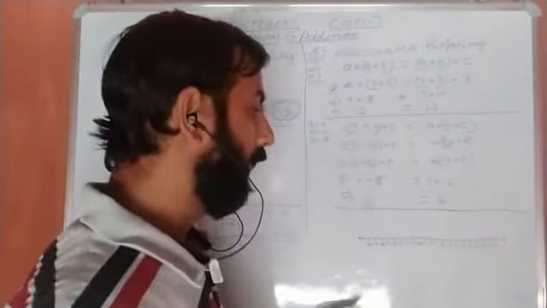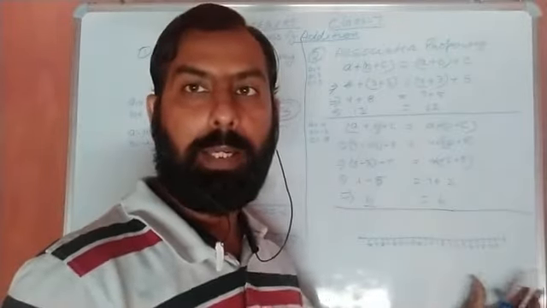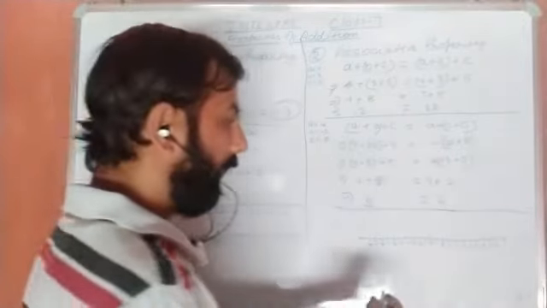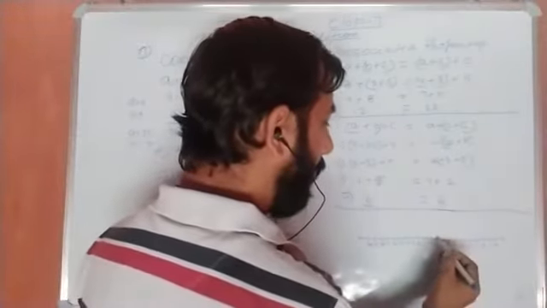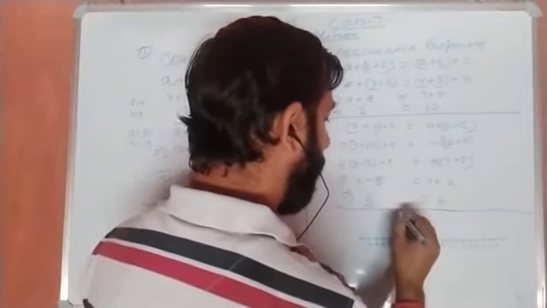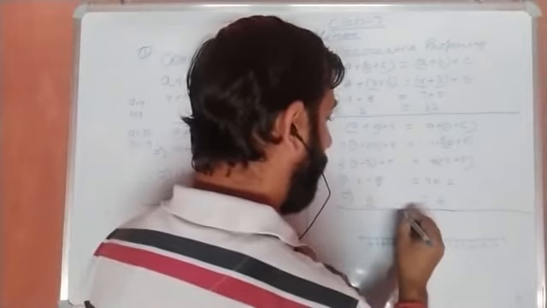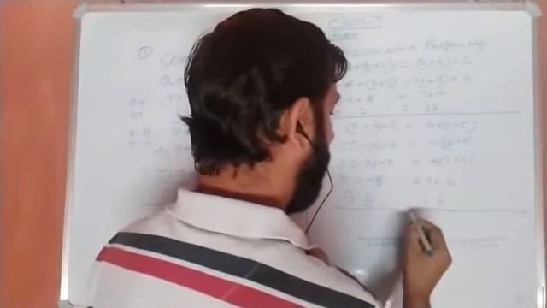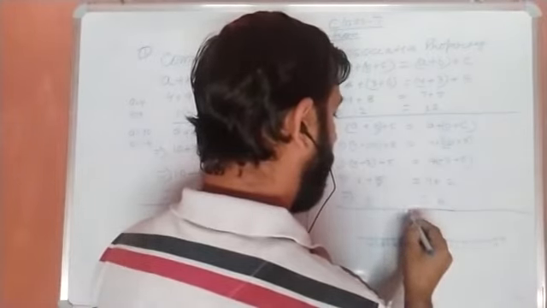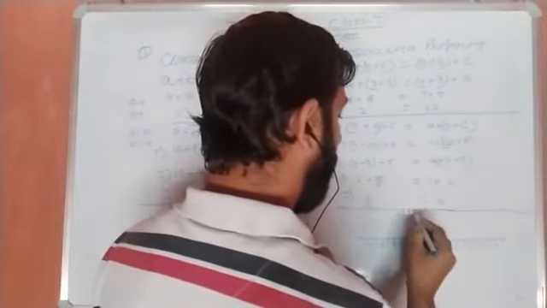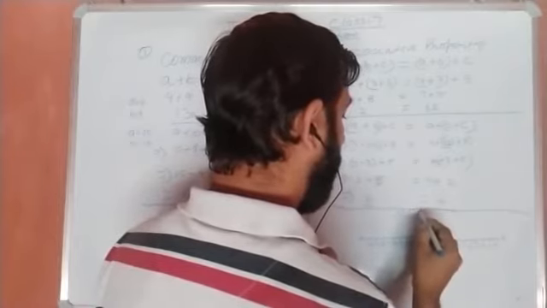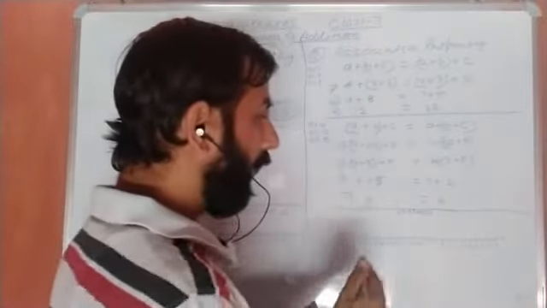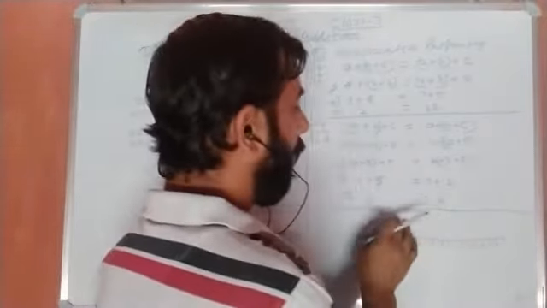I have plotted up to plus 10 and up to minus 10. Now we will start, taking the digits, suppose plus 2, plus 3, plus minus 5. Now this is one group.